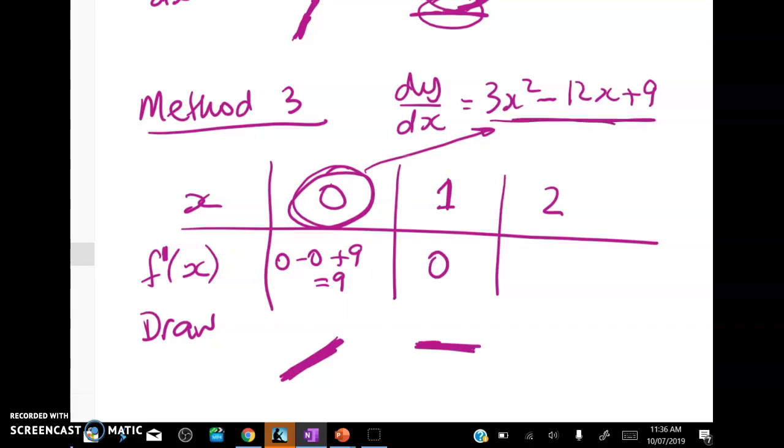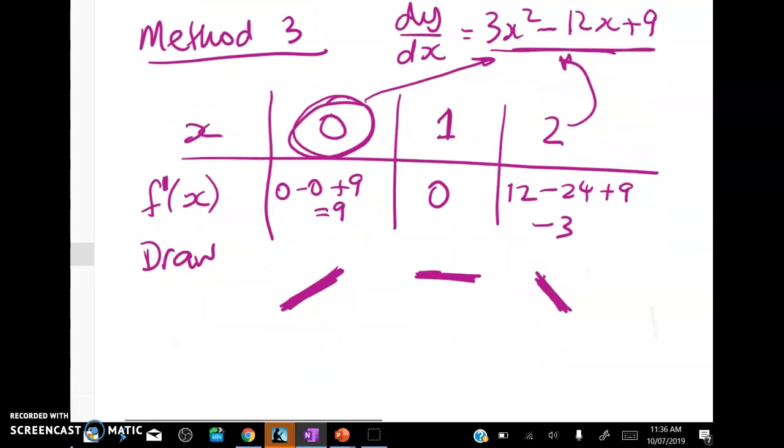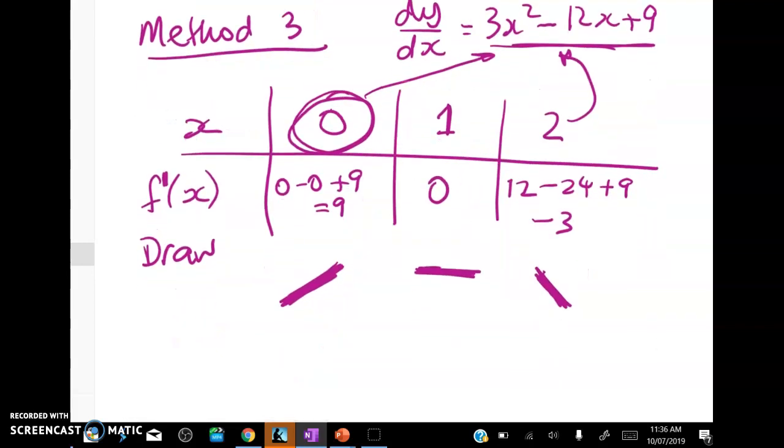And then I do the same thing. I put 2 into that function, and I get 3 fours are 12 minus 24 plus 9. That gives me negative 3. So I can see that there I'm tracing out a negative slope. And what that's showing me visually is that I've got a maximum at x equals 1.